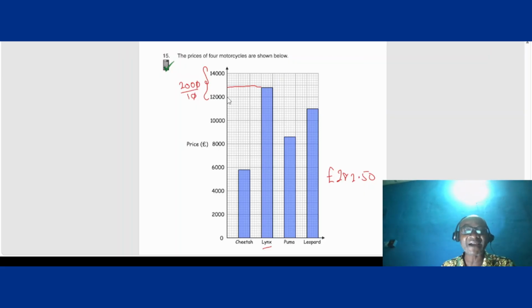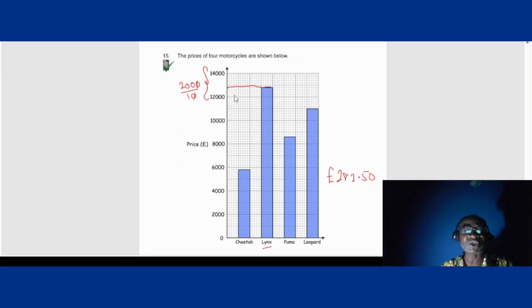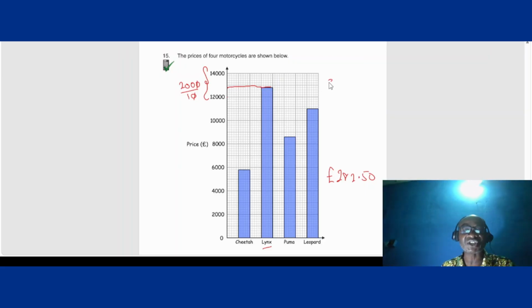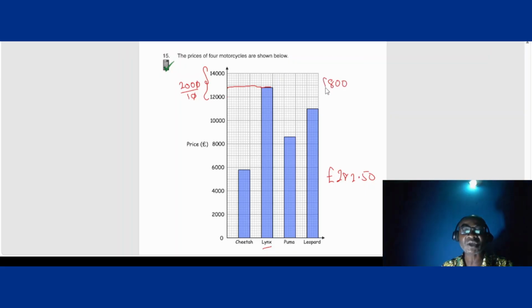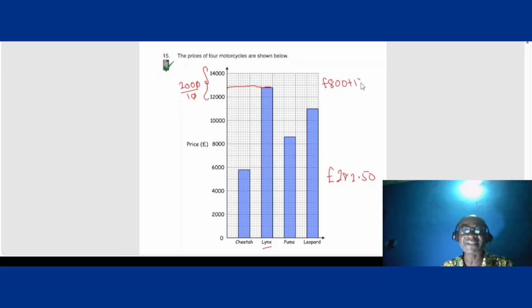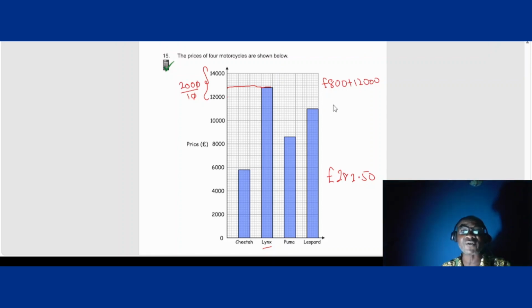From 12,000, there are 4 lines to the end of the tallest rectangle, which is 800 pounds. Adding it to 12,000 gives a total of 12,800 pounds for that motorcycle.